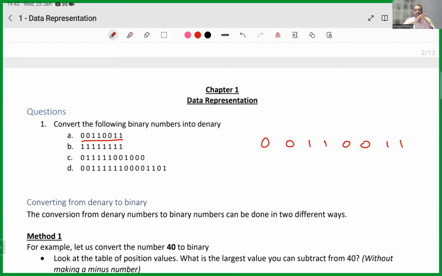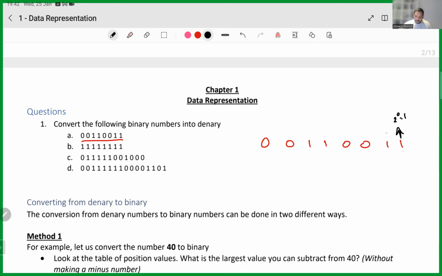Once you have your number, you start from the right end. Remember, you start with 2 to the power of 0. The position value at the right end will be 2 to the power of 0, which is equal to 1.